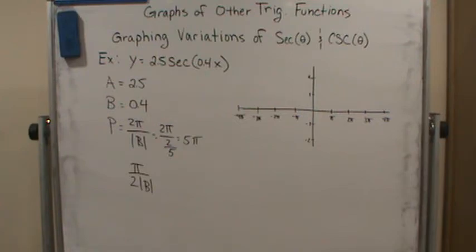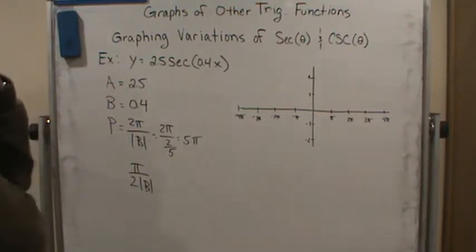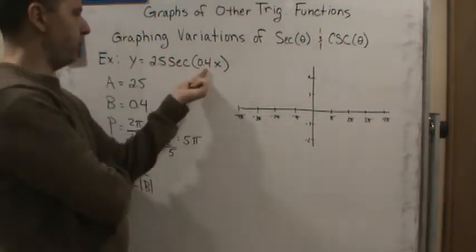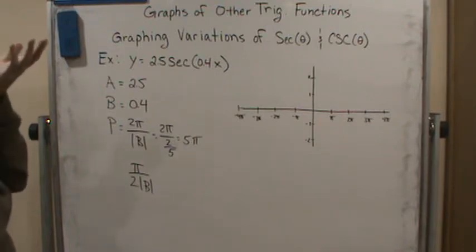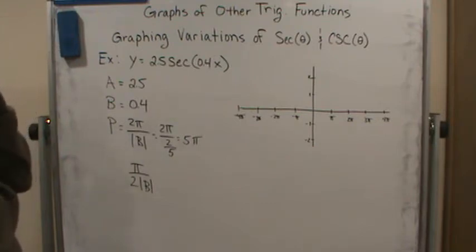So now let's sketch the asymptotes. The asymptotes are going to be where the cosine function is 0. So when is cosine of 0.4x equal to 0? Well, we know cosine is 0 at pi over 2.